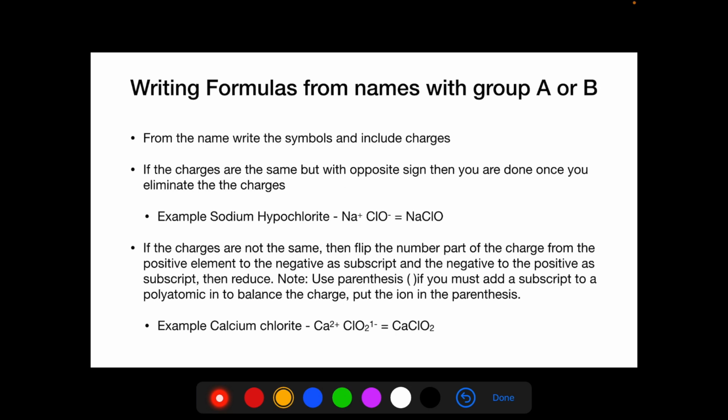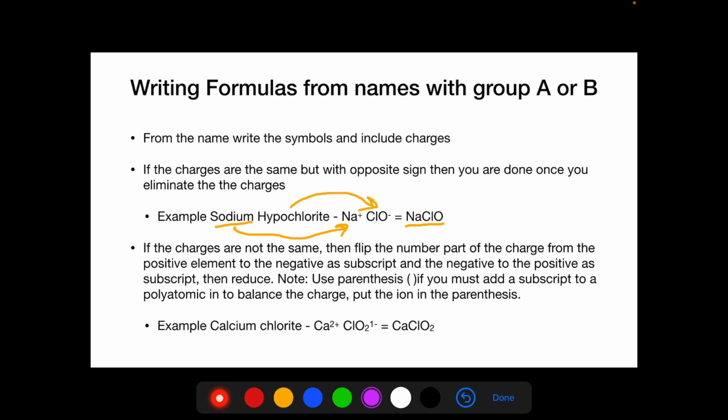If we're going to write formulas with groups A or B, it doesn't matter either way. It's the same way to write the formulas. You take the name of the first element and give it a symbol. So sodium is Na+, hypochlorite is ClO-. Since the charges are the same numeric number, we just write down NaClO.